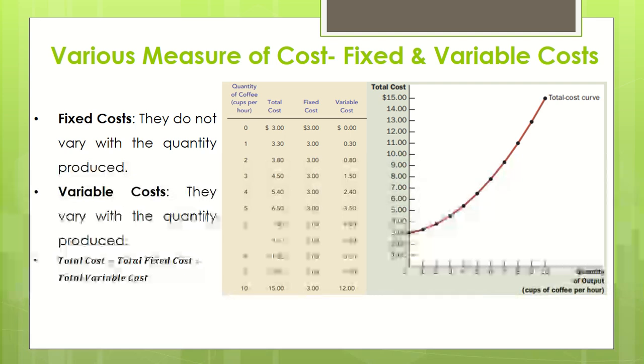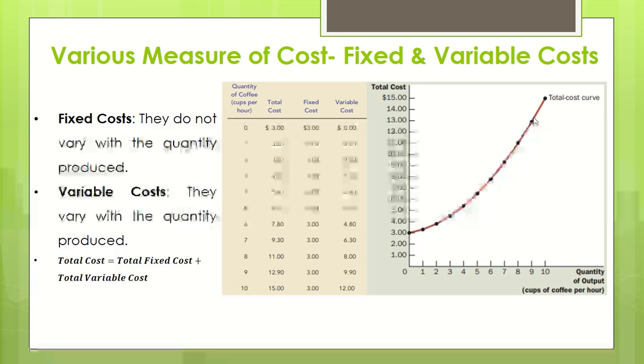Now look at the graph of the total cost curve, this one, where on the x-axis quantity of output is present and total cost is present on the y-axis. By joining the points of quantity of output produced and total cost, we can get the total cost curve, as we did before in the previous lecture.